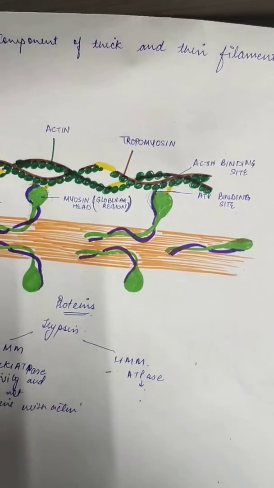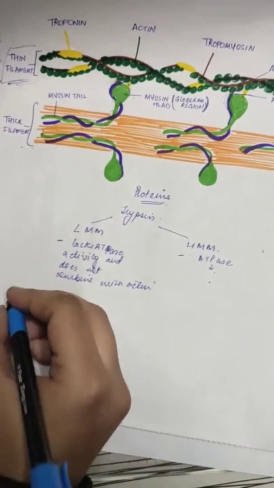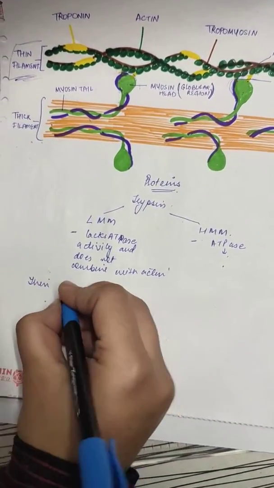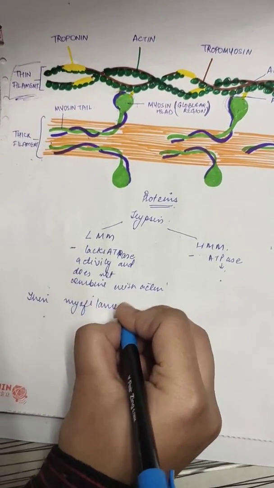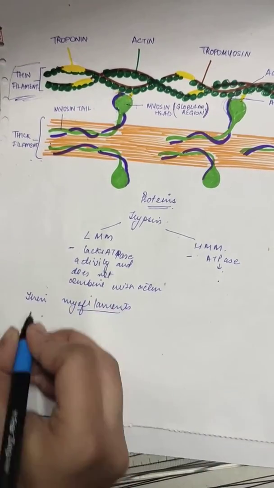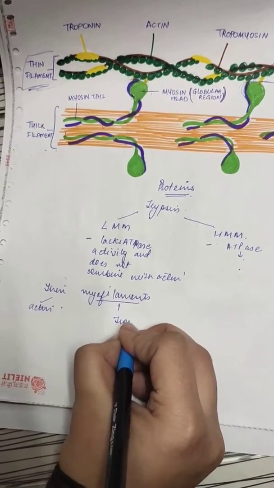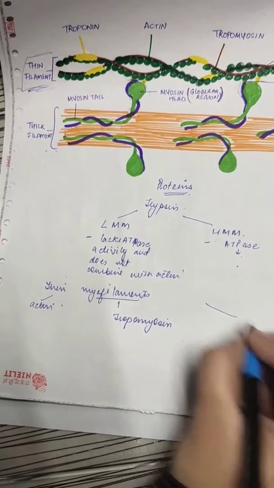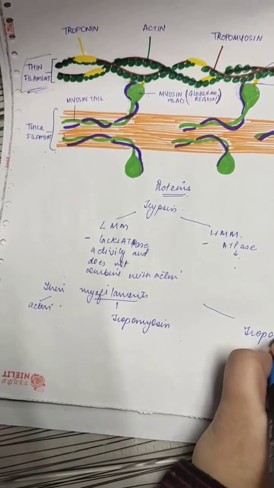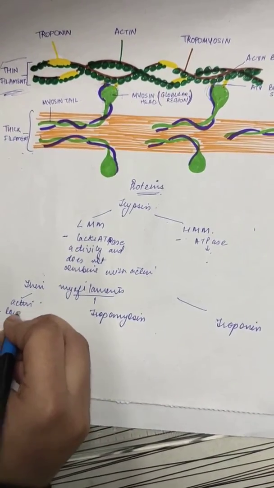So now we are going to discuss the thin filament, which contains the actin. What is the thin myofilament? The thin myofilament is composed of three proteins: actin, tropomyosin, and troponin. The actin has low molecular weight.